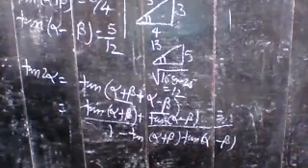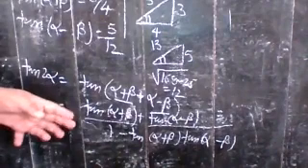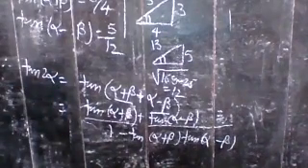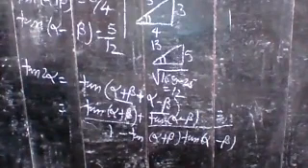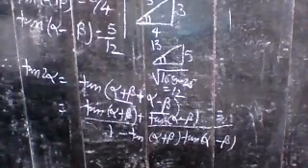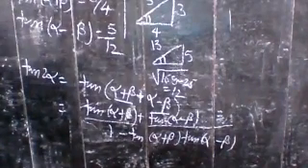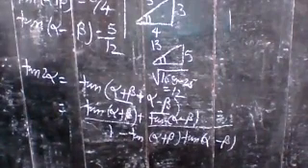Here you put the values of tan alpha plus beta and tan alpha minus beta in this identity and solve it. Tell me what is your answer. So 56 by 33. Absolutely correct.